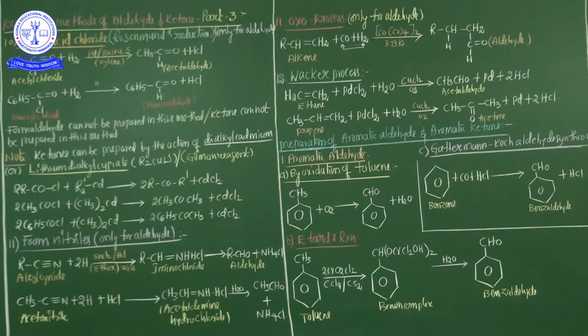When acetyl chloride is treated with hydrogen under boiling xylene, palladium or platinum, and barium sulfate, or sometimes sulfur is also used, acetaldehyde is formed. Additionally, hydrogen chloride is also released. This is the Rosenmund reduction. In the Rosenmund reduction, only aldehydes are prepared; ketones are not prepared.